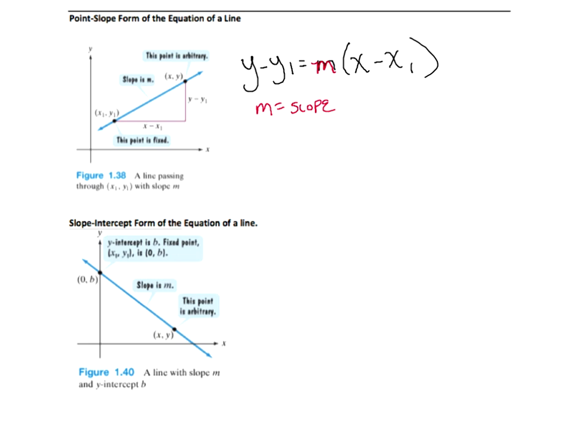The x1, y1 right here, x1, y1, is a given point, known point, given slash known. Goodness, that should be an m. I have no idea why it came out like that. Given or known point on the line.